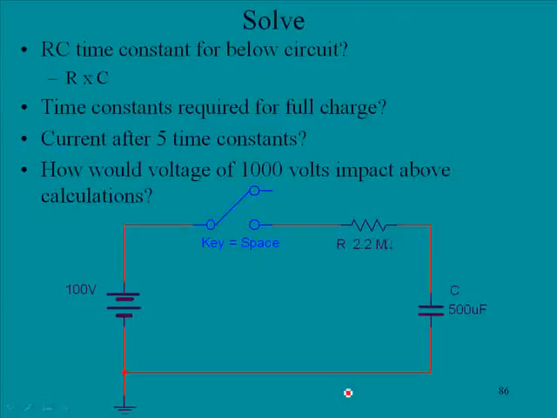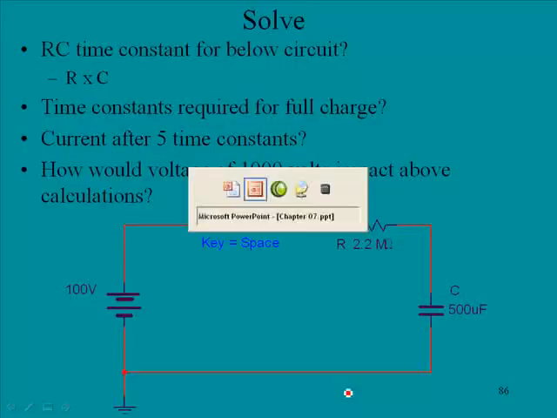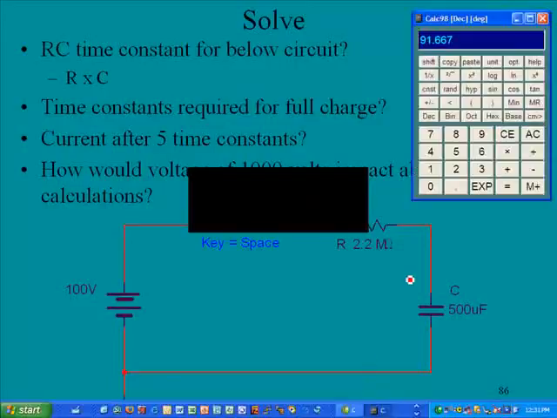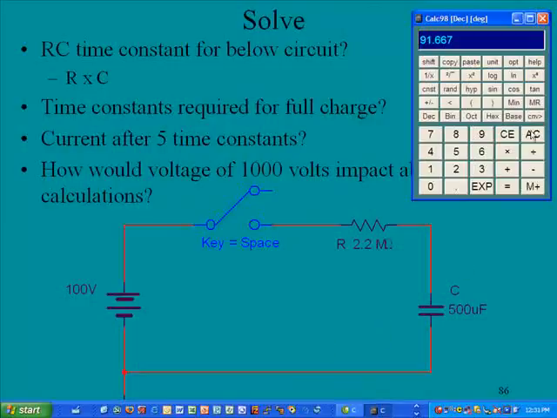Okay, solve the RC time constant for the below circuit. Here we have a circuit, and let's find our little calculator. First of all, we have the applied voltage of 100 volts. Here we have a switch, and here we have a resistor and a capacitor.